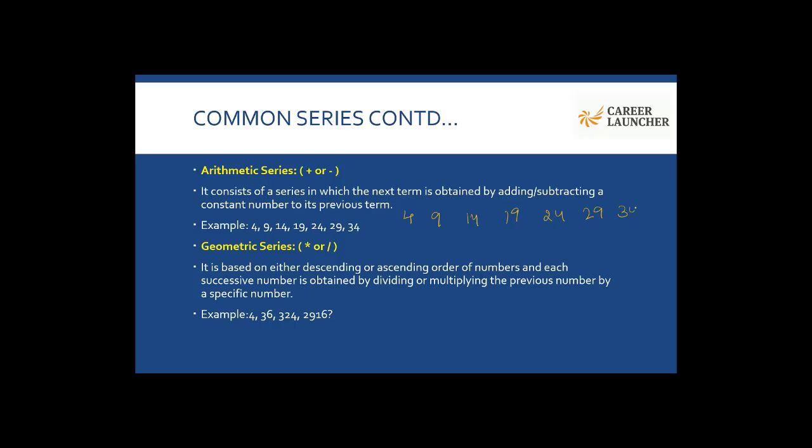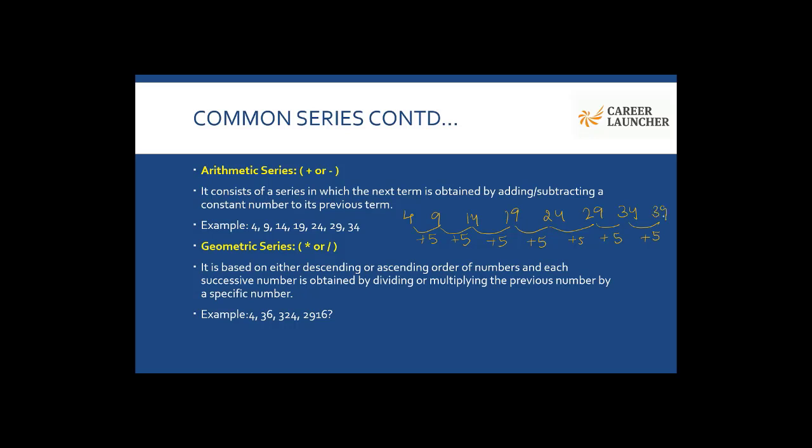If we look at the difference between each consecutive terms, we would see that every time plus 5 has been added to get the next term. So after 34, if we want the next term, all we have to do is add 5 to 34. So our next number in this series would be 39.